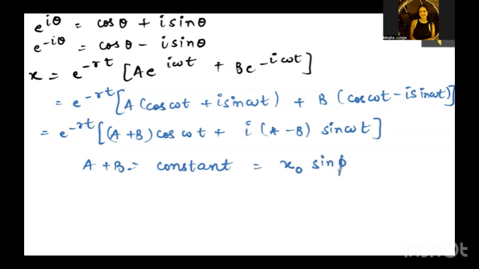And why we are considering it like this, ये अभी next steps में पता लग जाएगा. Okay. Then similarly we can say a minus b will also be equivalent to constant, or we can say iota of a minus b. Let's consider this as constant, and it will be x naught cos phi.